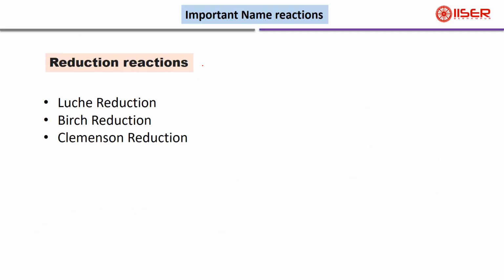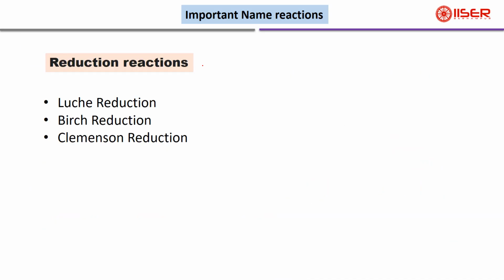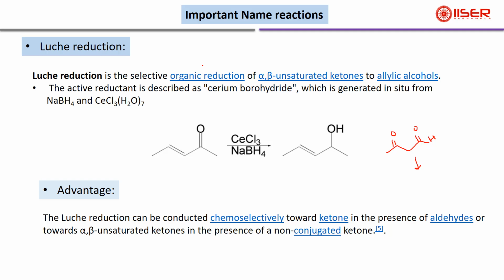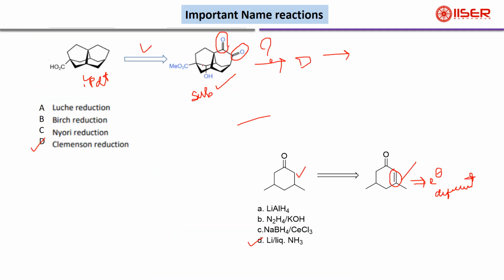Then we solved questions. Then we discussed some reduction reactions like Rosenmund, Birch and Clemmensen. Whatever reduction or oxidation I have discussed, these are the important ones, and in your assignments also these reduction reactions have been mentioned again and again. So I have just picked those. Then we discussed that. Then we solved some questions.